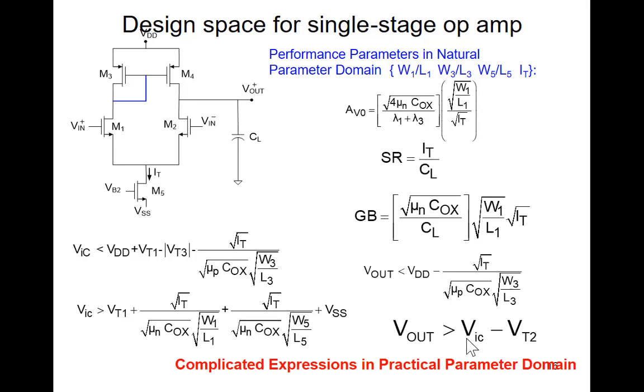Because if you don't give it some thought, what domain are you going to be working in? The natural parameter domain, right? And then you're going to have to visualize what's going on by visualizing the interrelationship between those natural design parameters and all these performance characteristics.